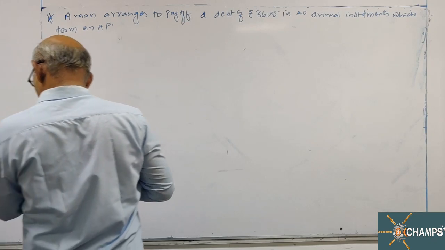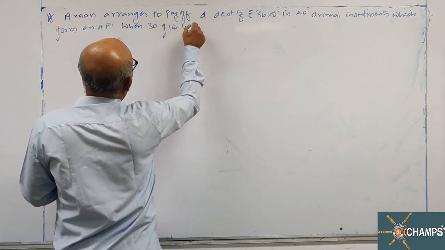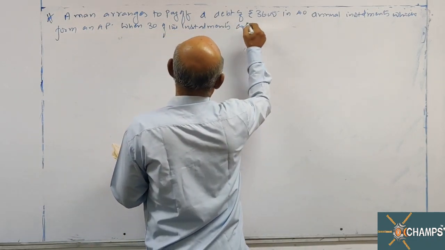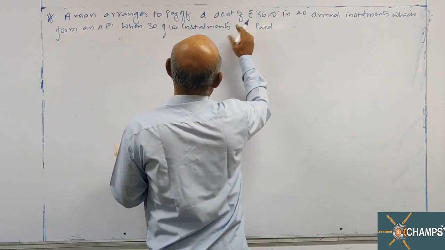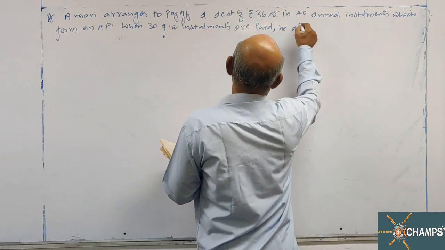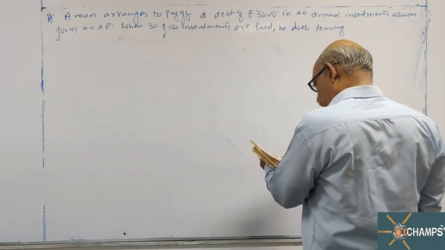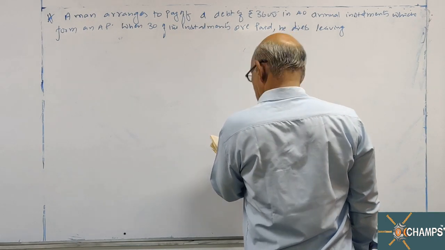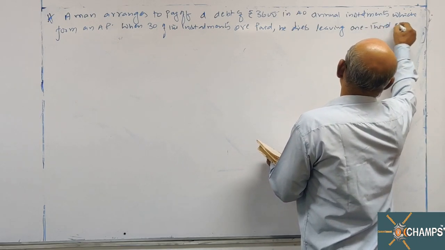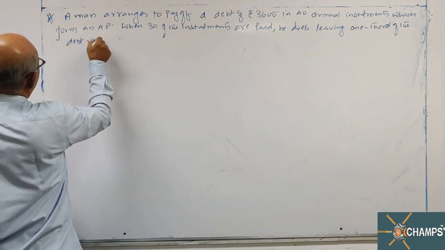When 30 of the installments are paid, he dies, leaving one third of the debt unpaid.